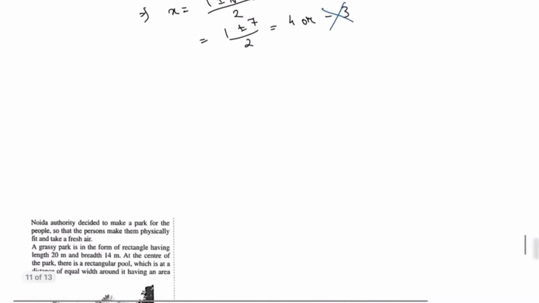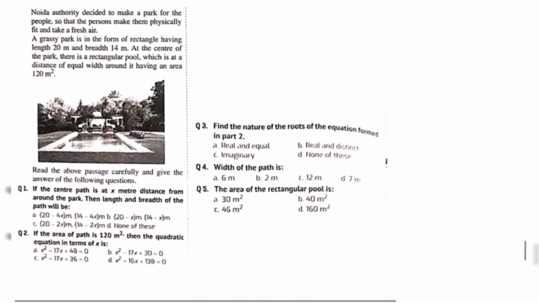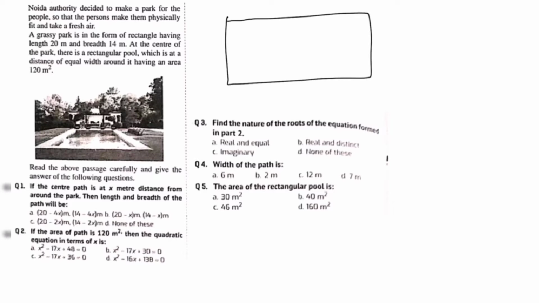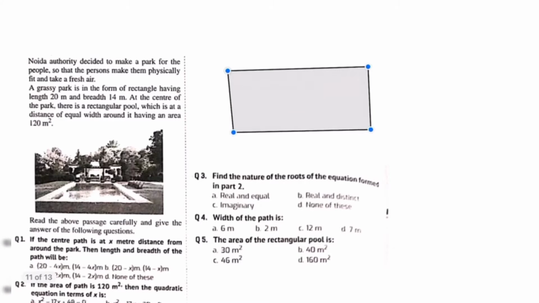Okay, now let's move on to the next question. So there is this park. Let's draw the said park. So suppose this is the park. Let me just make a rectangle out of it.